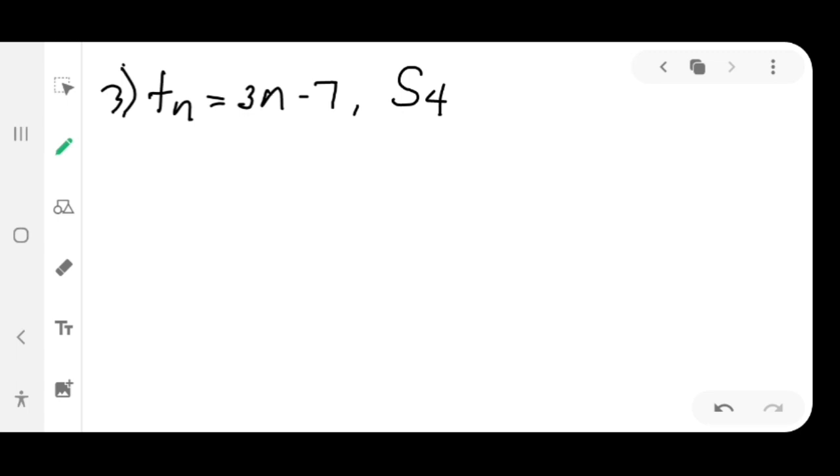Okay, you are given the general term and we are going to look for S sub 4. So we need to identify first the first 4 terms of this sequence.